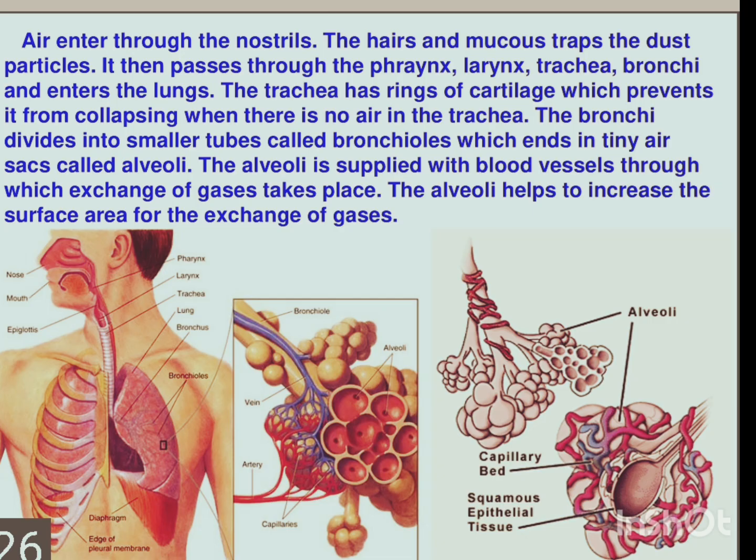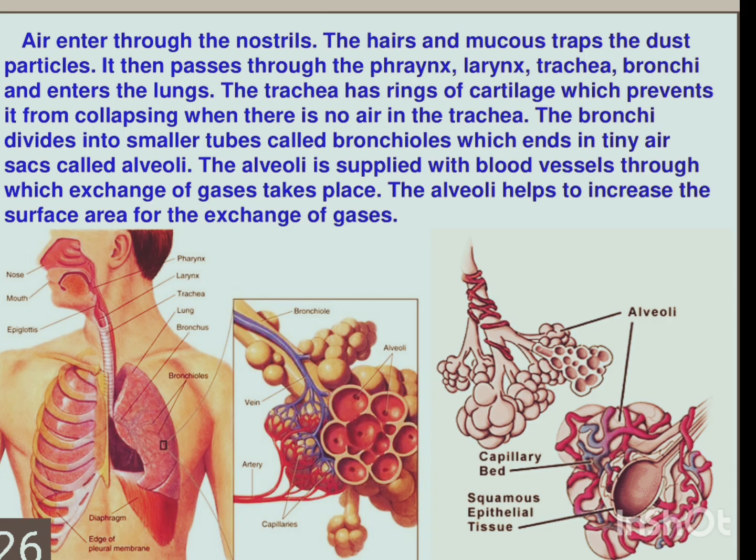First, air enters through the nostrils. The mucus and the small hairs present in the nose trap the dust particles, so the dust will not enter inside our body. Then the air passes through the pharynx, then into the larynx, then trachea, then bronchi, and enters the lungs.